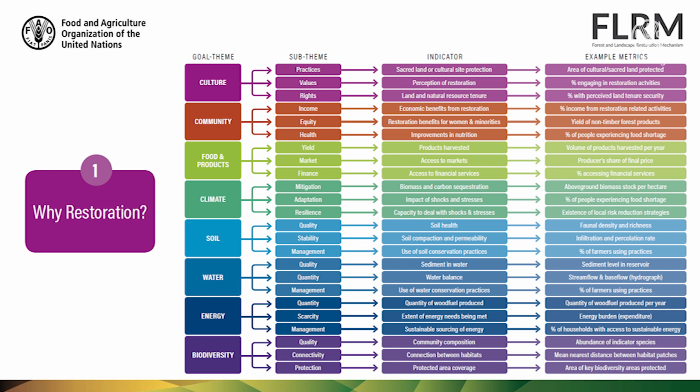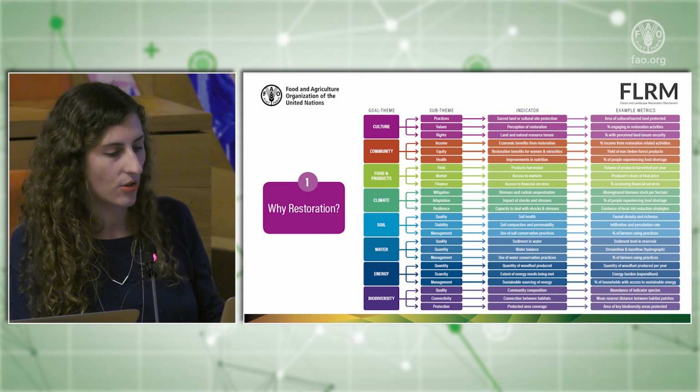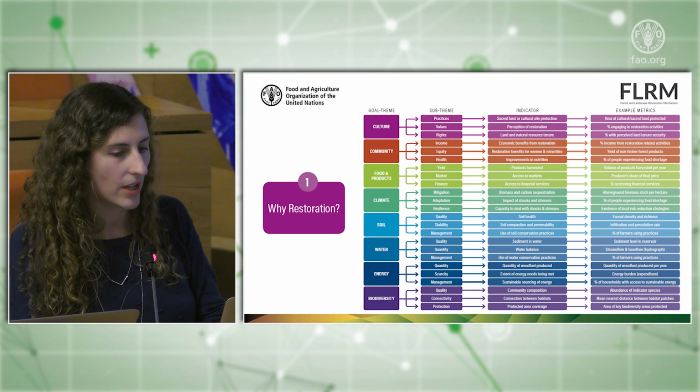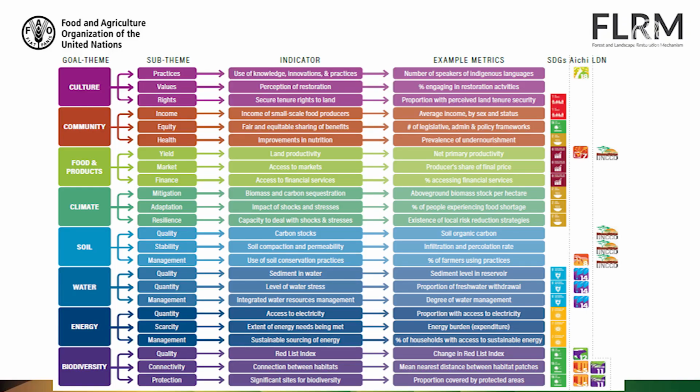And then the metrics are also just orientative, examples depending on the availability of data and depending on our resources to measure them. For example, if we had chosen the path of the UN conventions, we would have the same type of themes and sub-themes, but a slightly different list of indicators aligning with the different SDGs, Aichi, and LDN indicator frameworks.